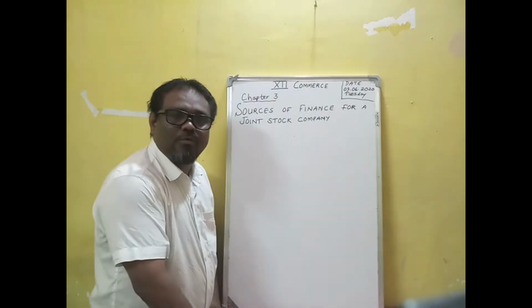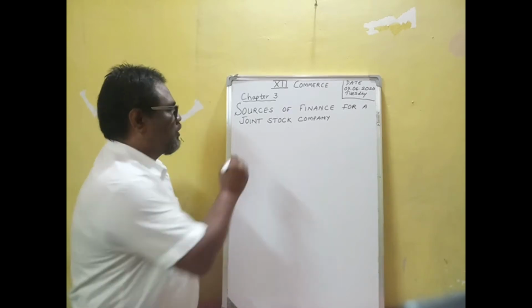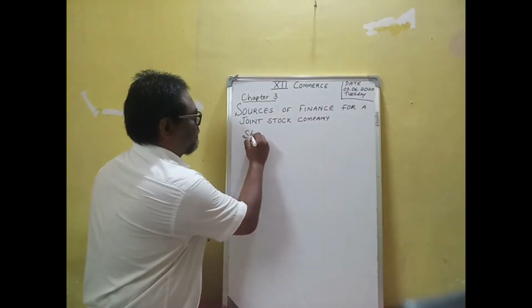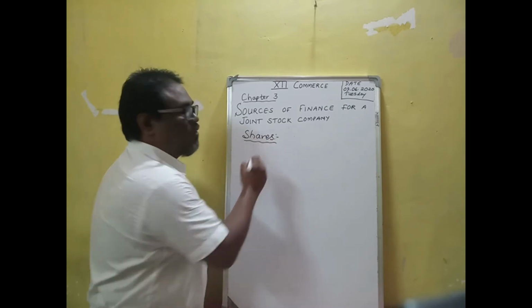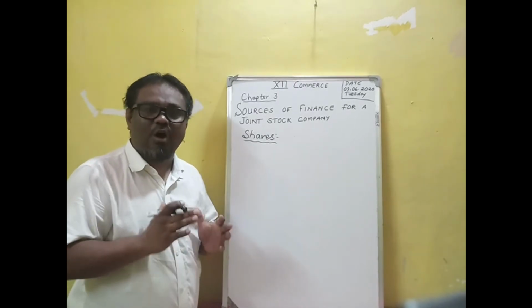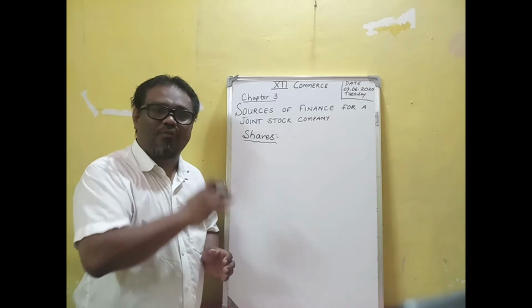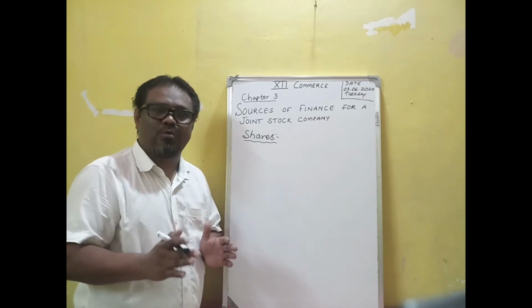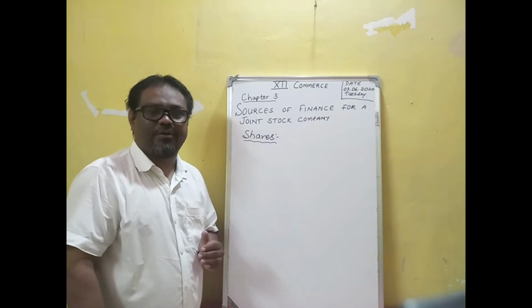So now our next topic is shares. What is a share? A share is a unit of capital of a joint stock company. The total capital of a joint stock company is divided into a number of units, and each unit is called a share.